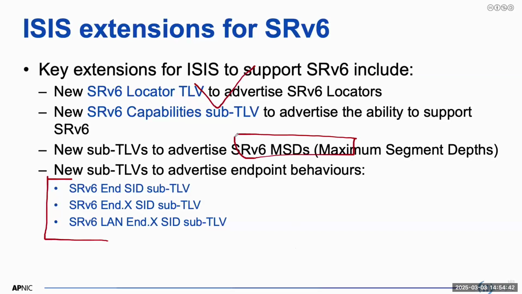We need to keep our list of segments equal to the maximum segment depth within our network. If one node supports 11, another 5, and another 4, our list of segments should be up to 4. Because if we send a list of 5 segments but a node can only process 4, the packet will not be able to reach the ultimate segment, and it will not be able to read it.